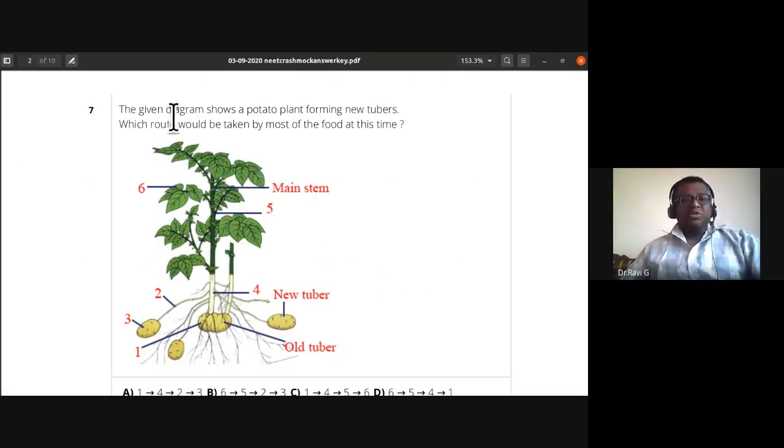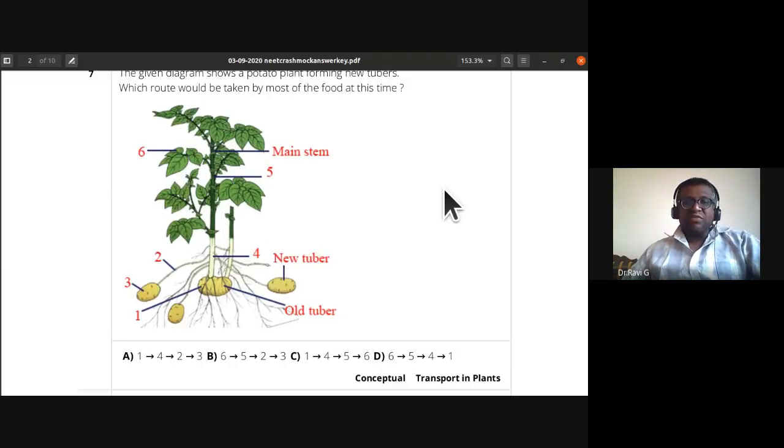The given diagram shows a potato plant forming new tubers. Which route would be taken by most of the food at this time? There are numberings that they have given. So which is the route that it would take?